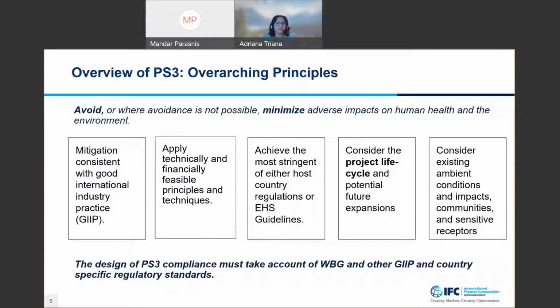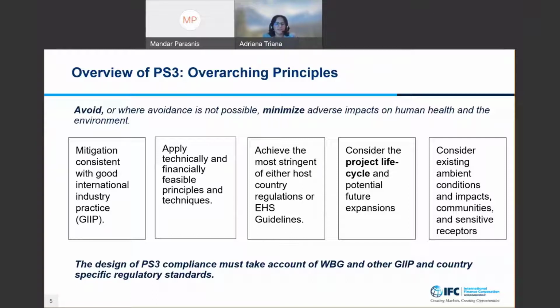Now, sometimes good international industry practice, such as the environmental health and safety guidelines, has a different value than the country where the project is being hosted. So when there is a discrepancy between the local regulation and the EHS guidelines, clients are expected to achieve the more stringent one.